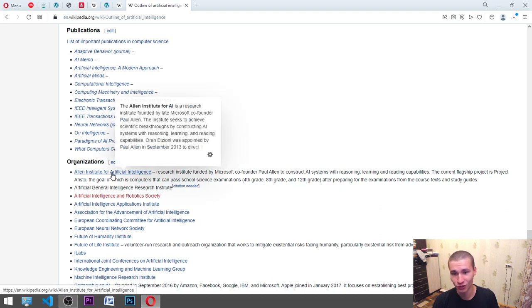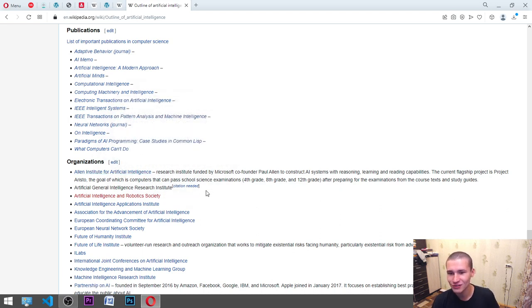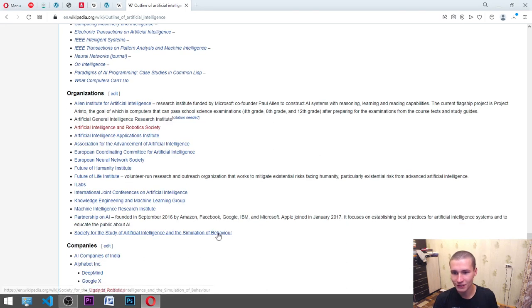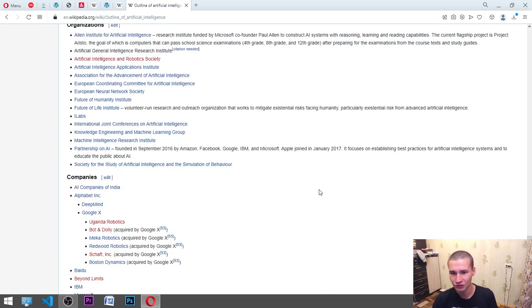Organizations: Allen Institute for Artificial Intelligence, Artificial General Intelligence Research Institute, Artificial Intelligence and Robotics Society, Artificial Intelligence Applications Institute, Association for the Advancement of Artificial Intelligence, European Coordinating Committee for Artificial Intelligence, European Neural Network Society, Future of Humanity Institute, Future of Life Institute, iLabs, International Joint Conferences on Artificial Intelligence, Knowledge Engineering and Machine Learning Group, Machine Intelligence Research Institute, Partnership on AI, Society for the Study of Artificial Intelligence and the Simulation of Behaviour.